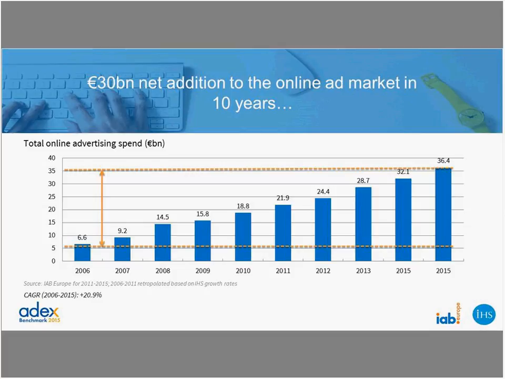And although more and more markets have been added to our study over time, we tracked the growth rate in the market view based on all the 27 markets that we have in the study today, and revealed that we have a compound annual growth rate, so an average annual growth rate, despite macroeconomic turmoil, of 20.9% year-to-year for online advertising, and that means that within the last 10 years, we've added 30 euros to a 6 billion euro market.